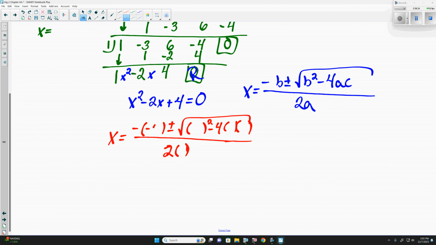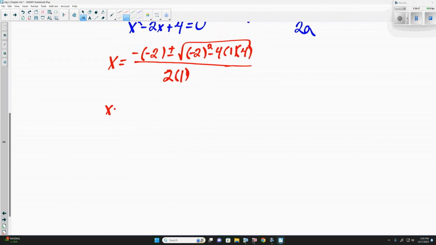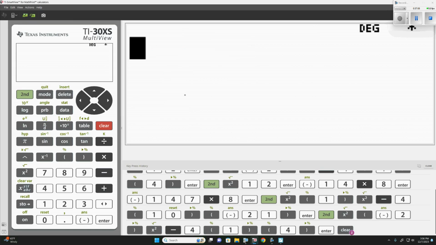Now b, in our case, is -2. Inside the radical, b squared would be -2 squared. Our 4 times a times c would be 4 times 1 times 4, all over 2a, so 2 times 1. Now our -b is 2. Our 2 times 1 is 2. Now we already plugged the square root of -2 squared minus 4 times 1 times 4 inside the radical in the calculator, and it gave us an error.